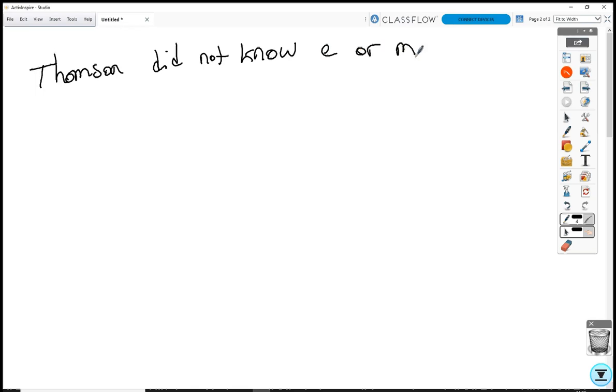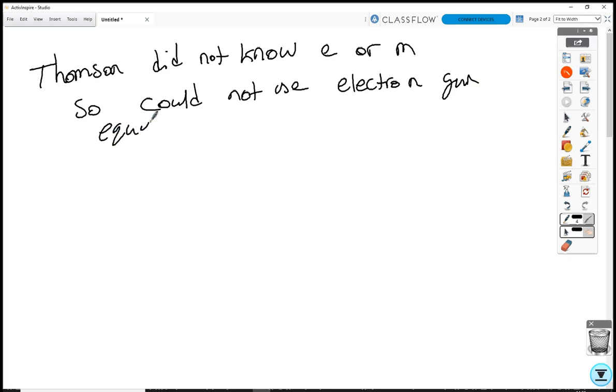So that means he can't use the electron gun equation, because you have to know the charge and you have to know the mass of the electrons to use it. What he could do, though, is he could play around with electric fields.